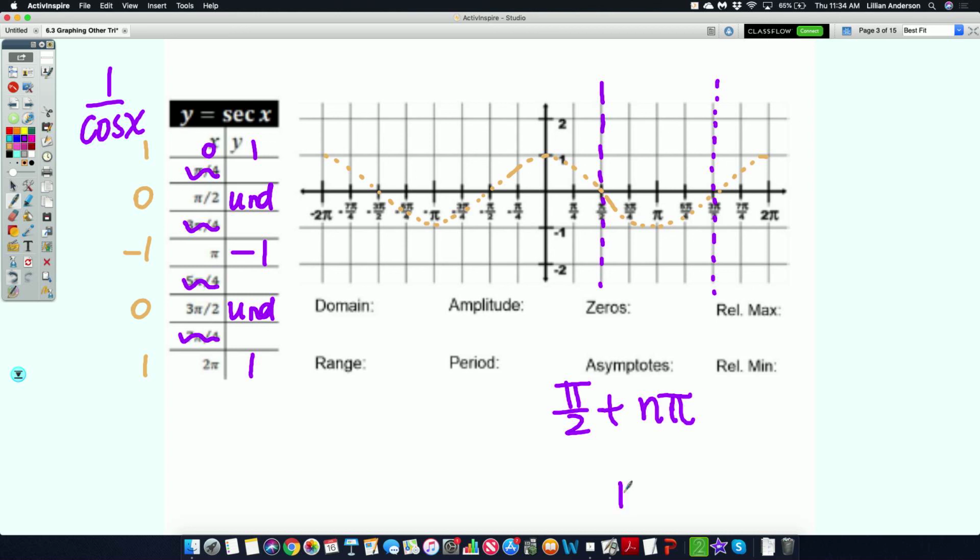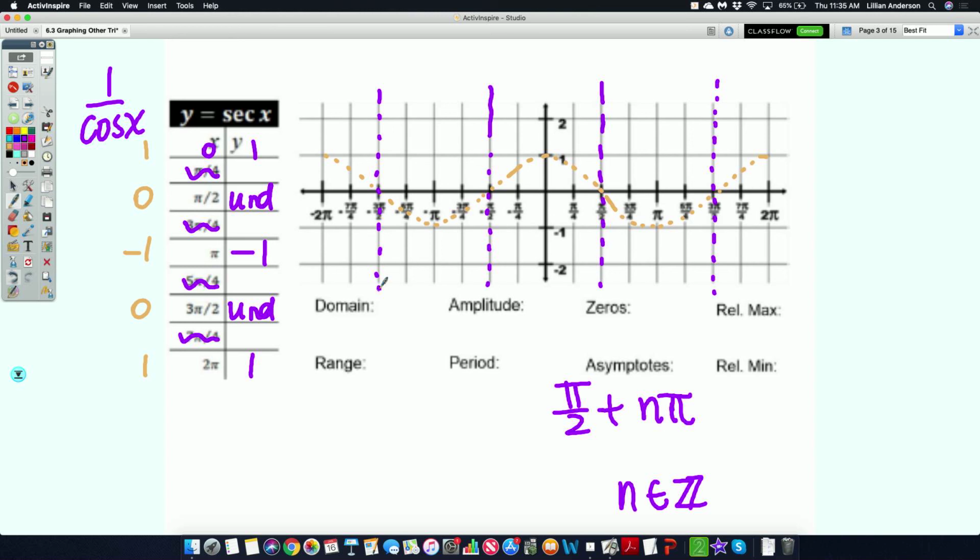Of course, n is an integer. N is an integer applies to all the times we use n. So where are my other asymptotes on my negative side? Negative pi over 2 and negative 3 pi over 2. Every zero on the cosine function, but also every pi units away from each other.